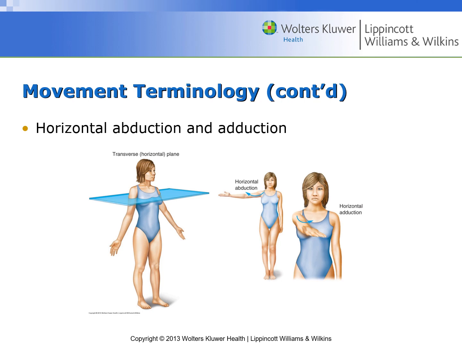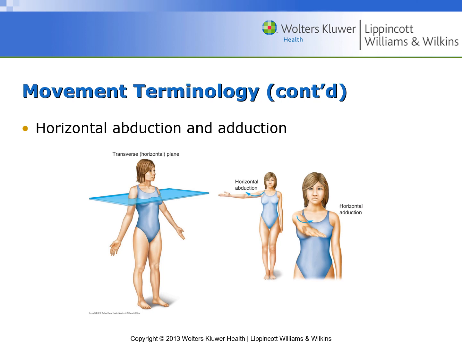We also have what is referred to as horizontal abduction and horizontal adduction. Horizontal abduction and adduction occur in the transverse plane because if the movement were to continue, it would divide the body into top and bottom parts.